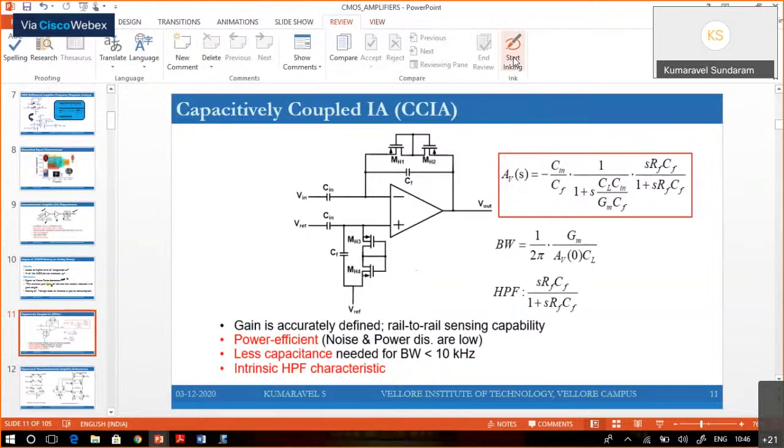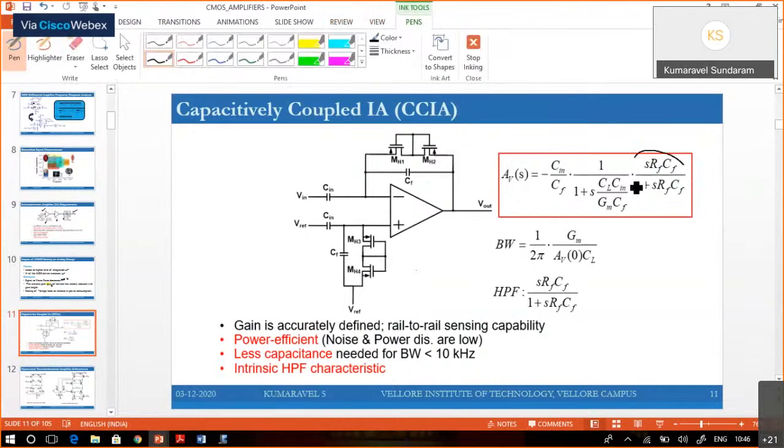This is a high pass filter characteristic, and this is going to be your bandwidth. This is the pole that defines the bandwidth of the system. And Cin by Cf is the midband gain.